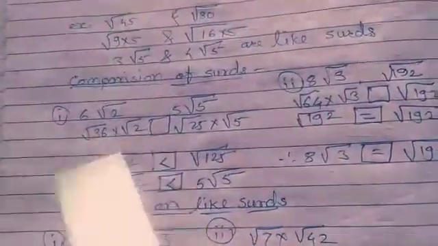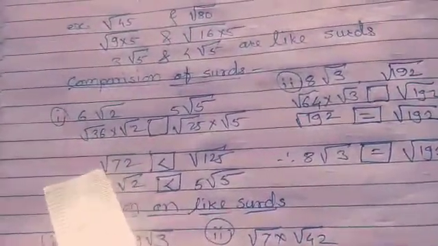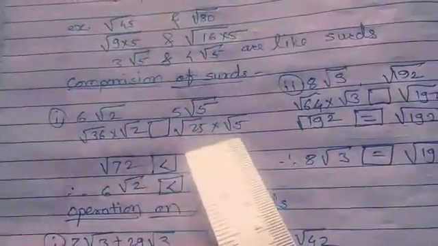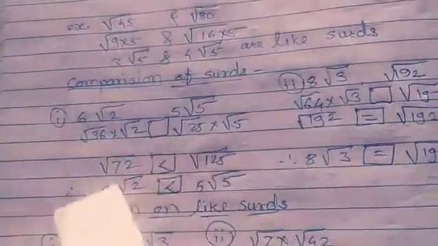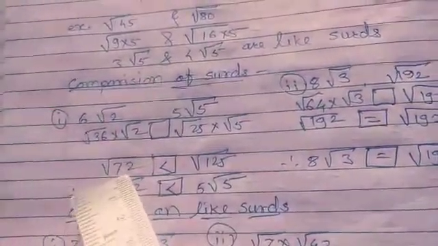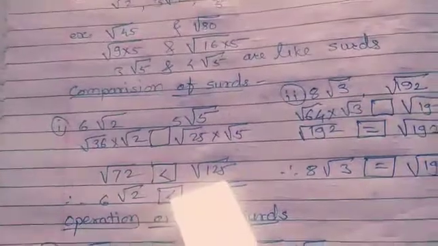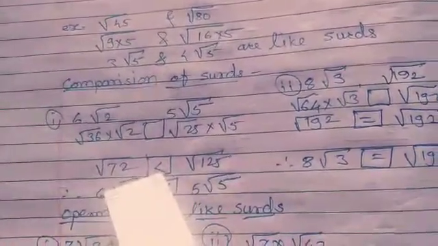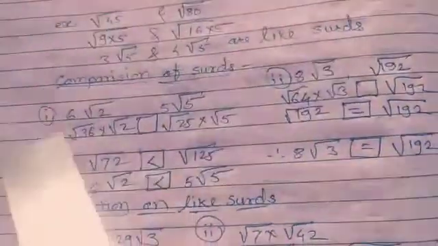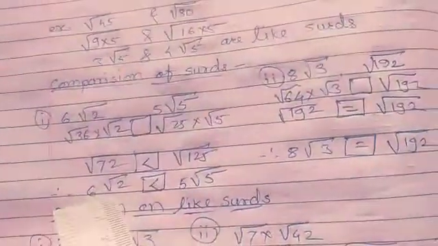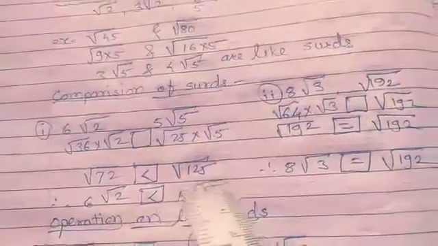Here 36 twos are 72, and here 25 fives are 125. So 72 is smaller than 125. Therefore 6 root 2 is smaller than 5 root 5.